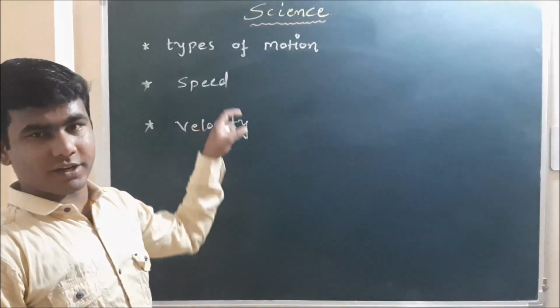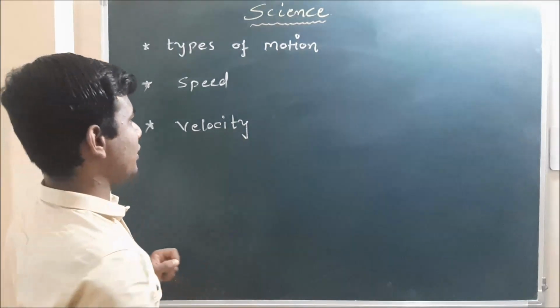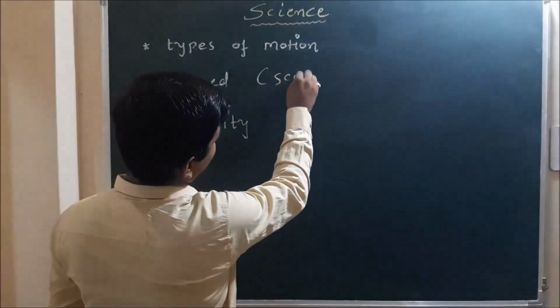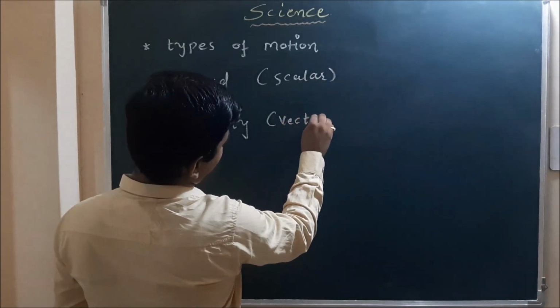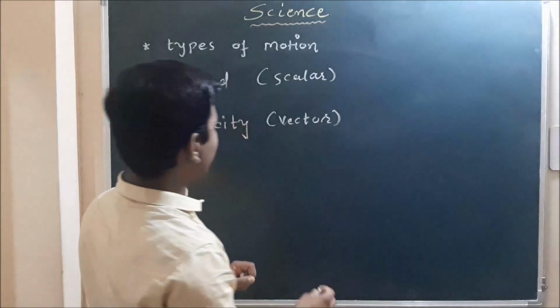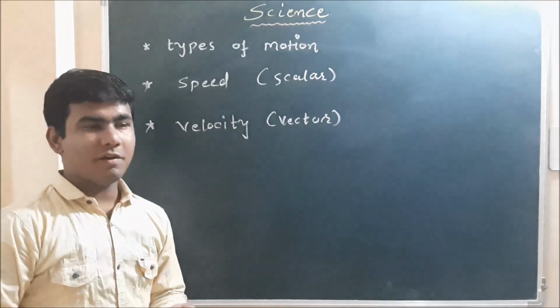We can also plot a difference between speed and velocity. So from that we will have a concept of scalar quantity and vector quantity, and we will solve some problems related to speed and velocity.